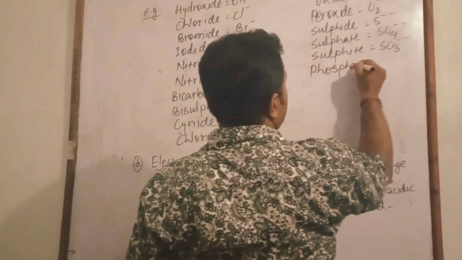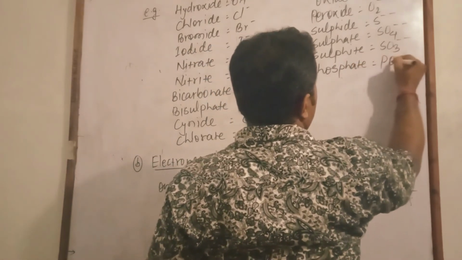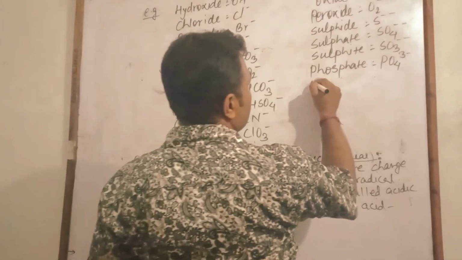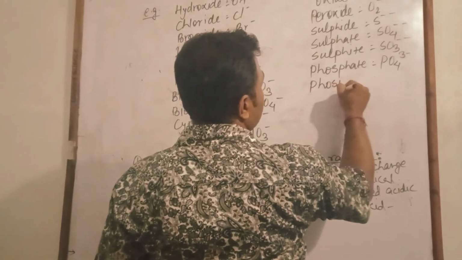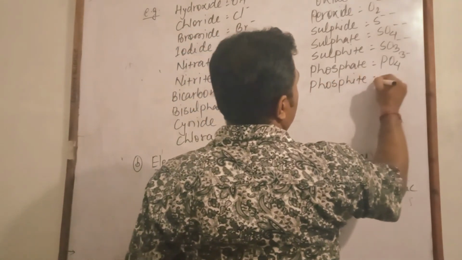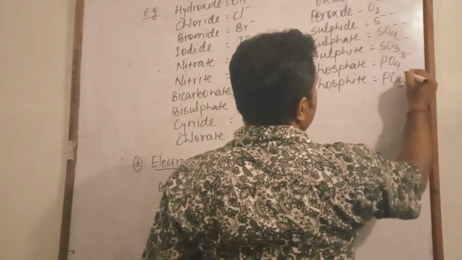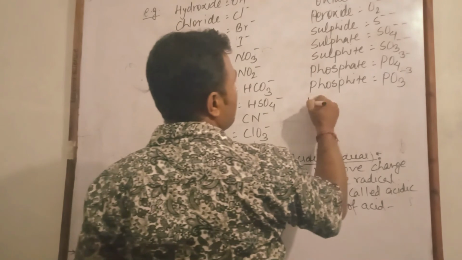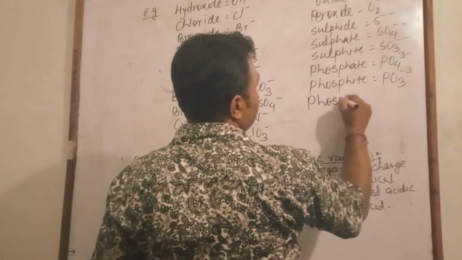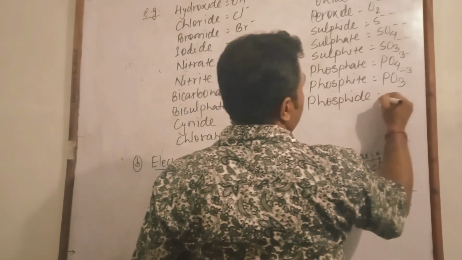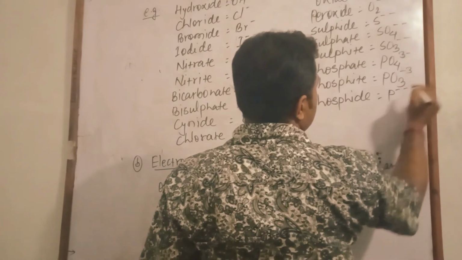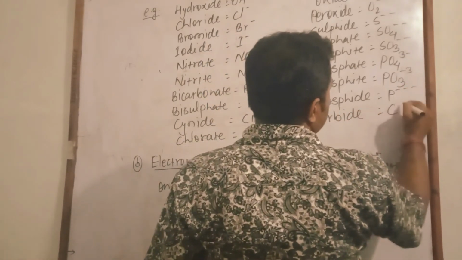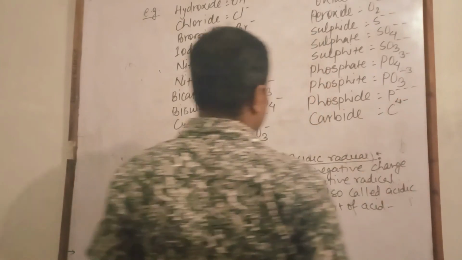Phosphate, PO4 3 minus, or having 3 valence. Phosphite, PO3 3 minus, or minus 3 we can also write. Phosphide, P minus minus minus. Carbide, C4 minus.